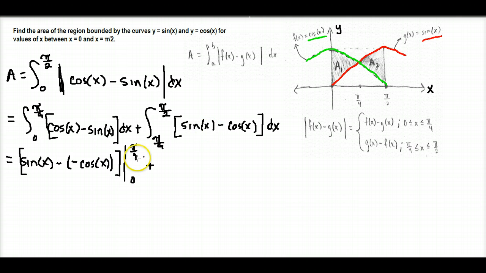And then for this portion, we'll evaluate that from pi over 4 to pi over 2. And so for sine, we know that the antiderivative of that is minus cosine. And for cosine, the antiderivative of that is sine. And we'll evaluate that from pi over 4 to pi over 2.